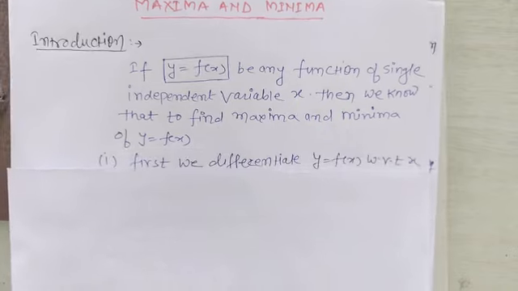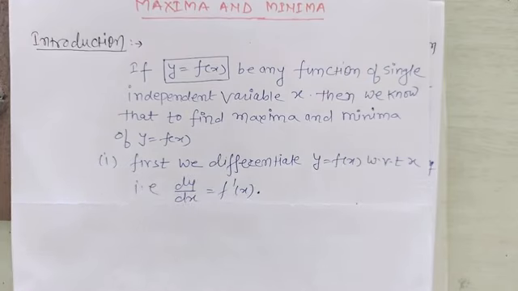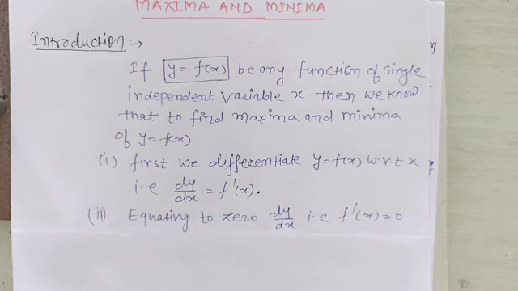We get dy/dx equal to f'(x). Now we equate f'(x) to 0. We get the equation f'(x) = 0. The roots of this equation give the stationary points.